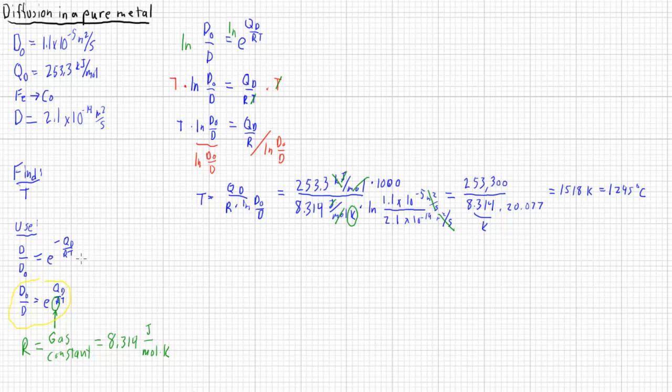The key equation was the diffusion equation here, and we were just given several of the parameters, plugged them in after solving for our temperature, and we were able to find the temperature at which this setup has a diffusion coefficient of 2.1 times 10 to the negative 19th meters squared per second.